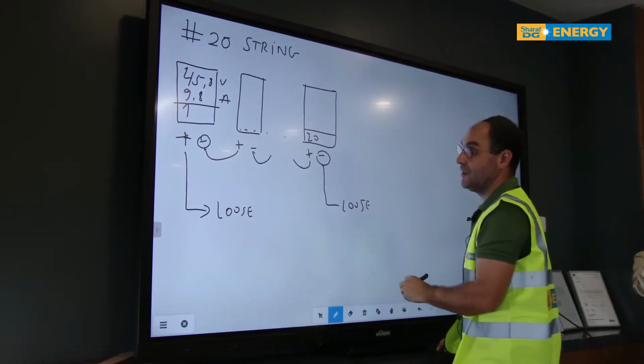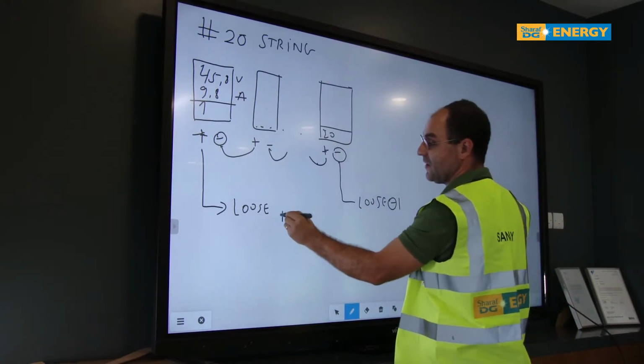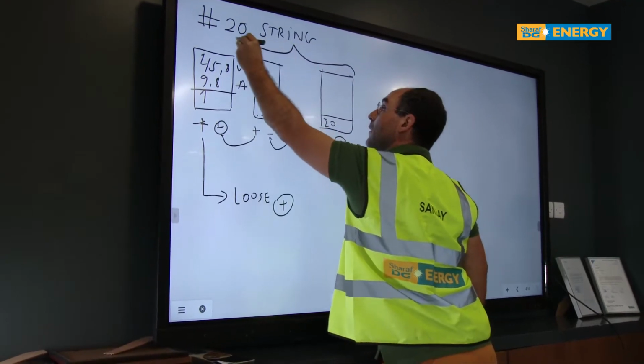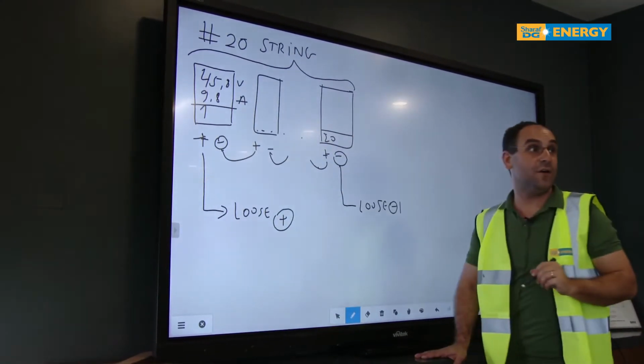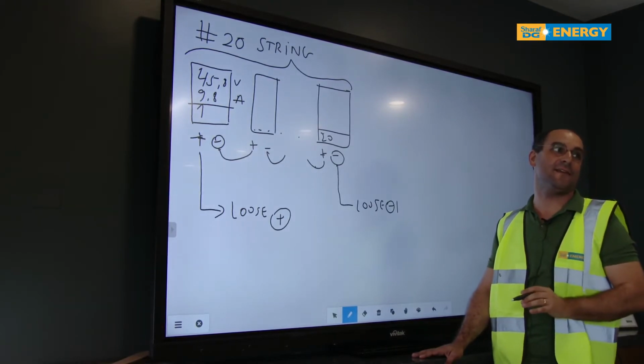Loose again. So I have a negative here and a positive here. And this is what we call a string. A string of solar panels. So this is a series connection, yes.